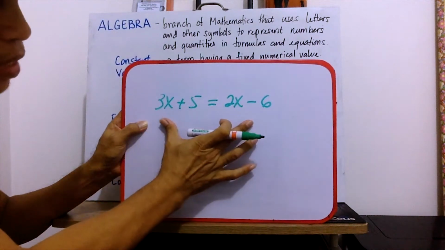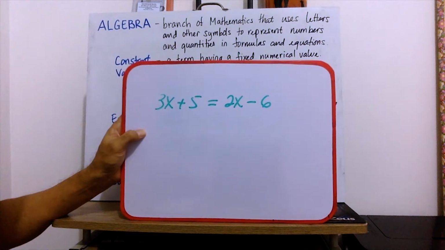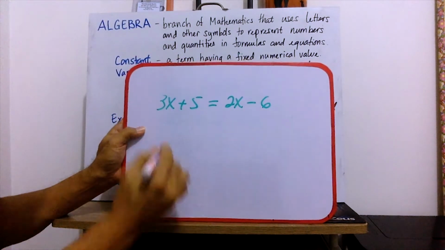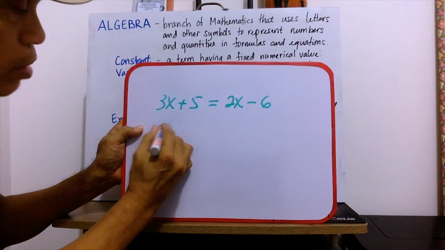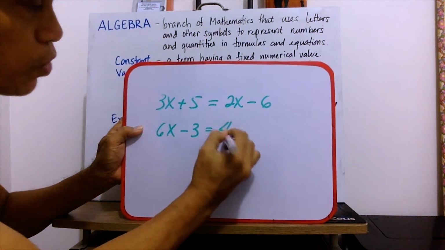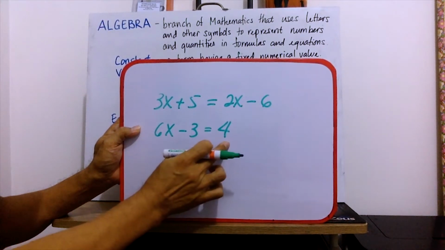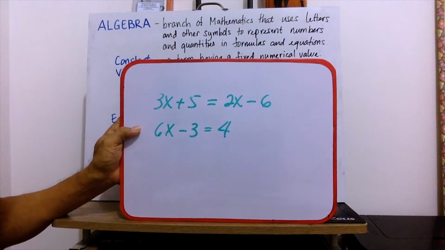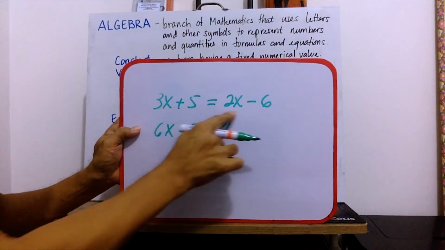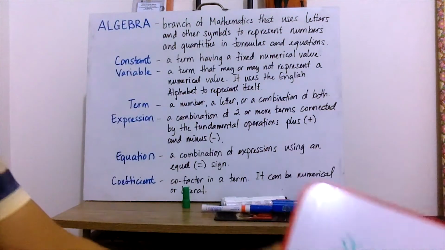If I combine them and join an equal sign, then it becomes an equation. 6x minus 3 equals 4, that's also an equation. Expression, expression, the whole thing is an equation. All right?